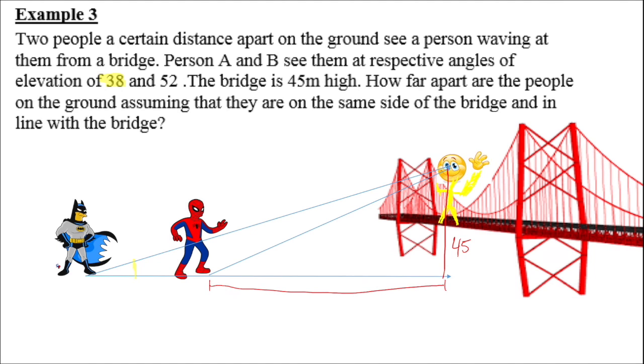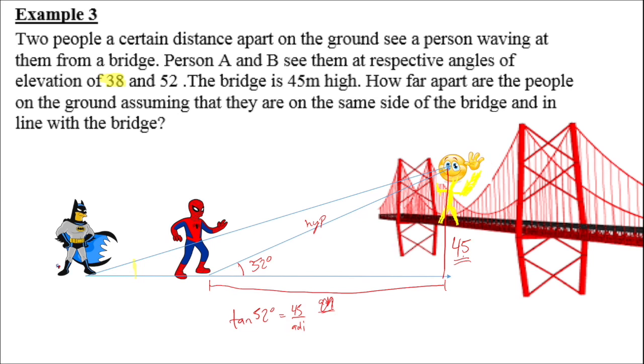So let's measure this distance right here, and this angle is 52. So what do we have? We need the adjacent. We don't need the hypotenuse. Once again, we're going to use tan because we have opposite and adjacent. So tan of 52 degrees equals 45 over adjacent.